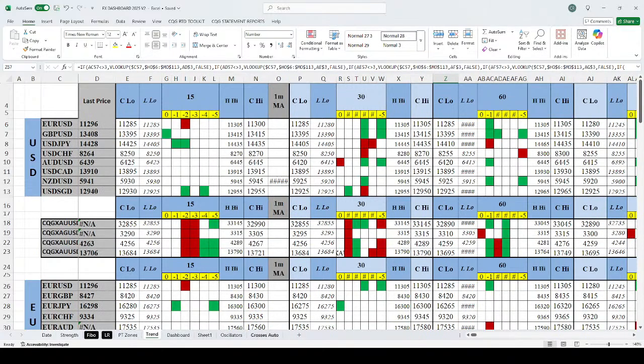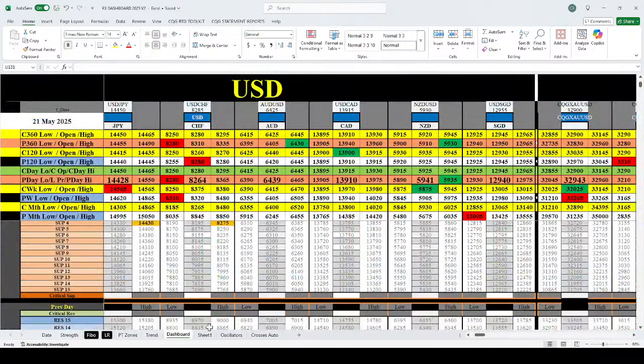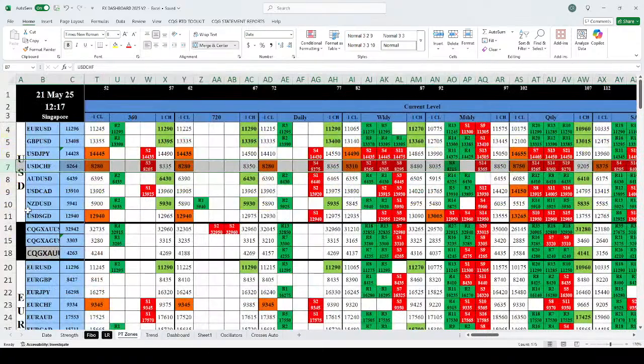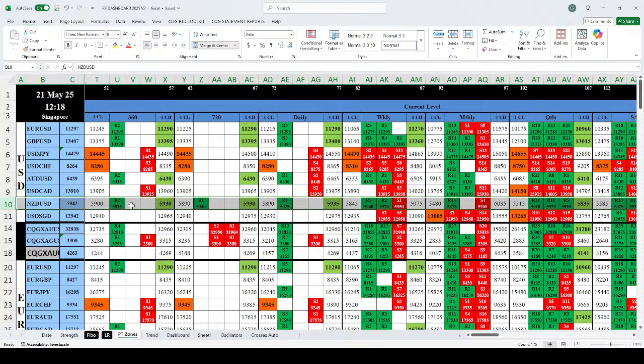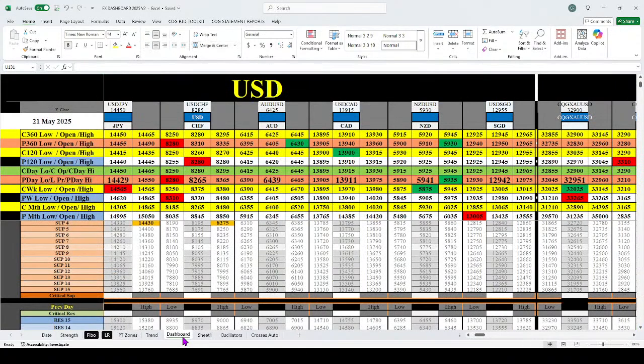So we can go for a sell on this currency. If you look into the PT zones, your 360 is up, 720 daily, but your weekly and monthly are showing some weakness. So we have to pay attention to those levels. Then we try to go for a sell.